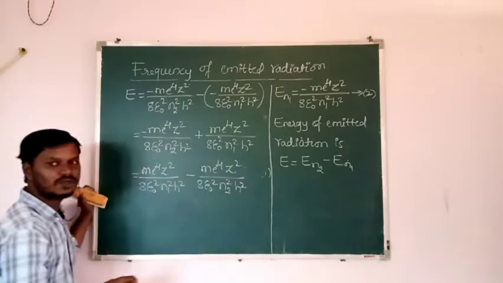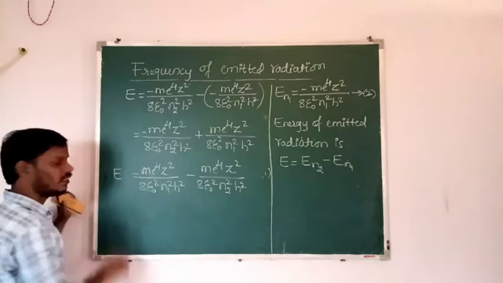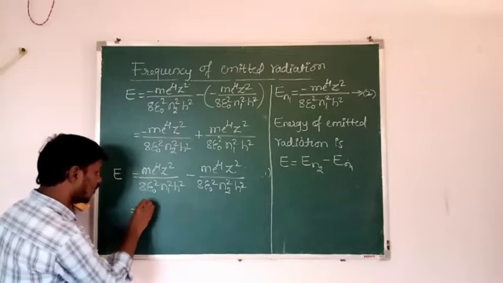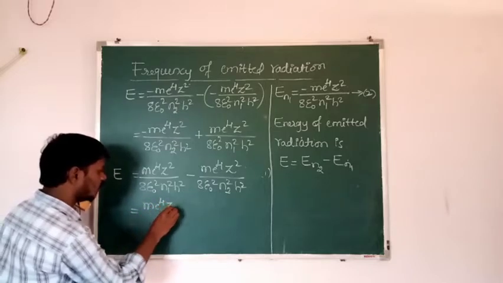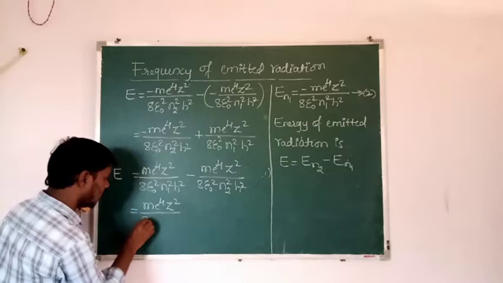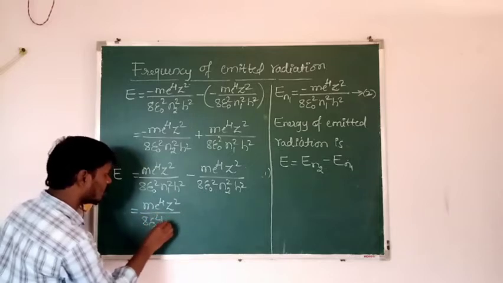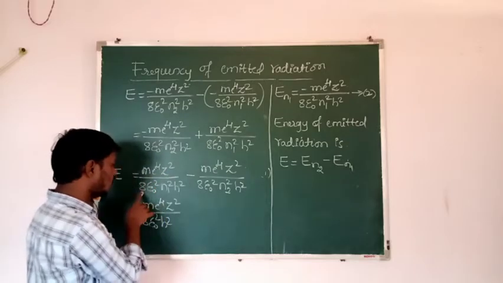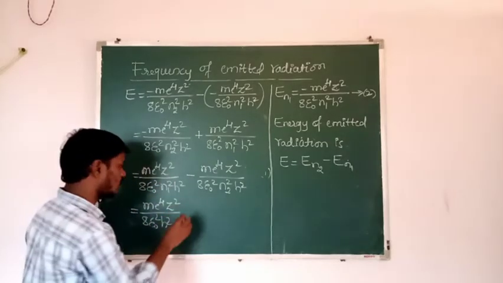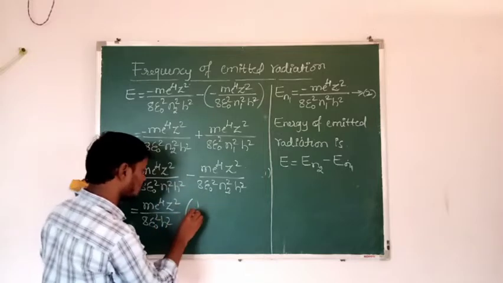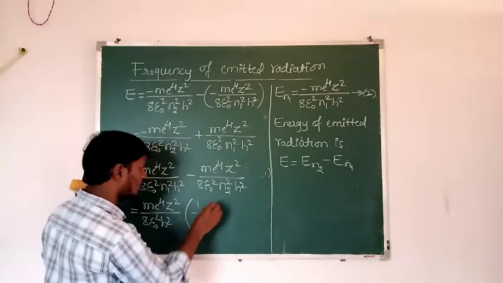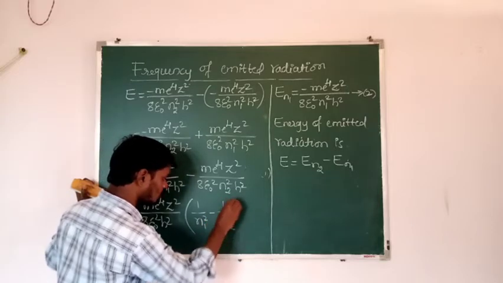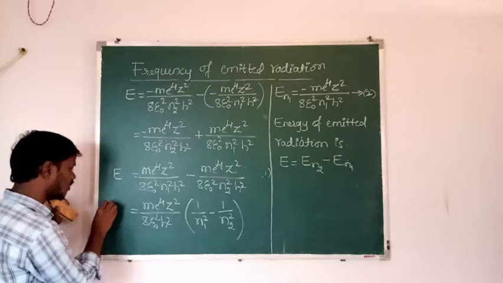What is common in both terms? m e raised to 4 z square divided by 8 epsilon naught square h square is common in both terms. So in the first term we get 1 by n1 square, and in the second term we get minus 1 by n2 square. Then it is E.